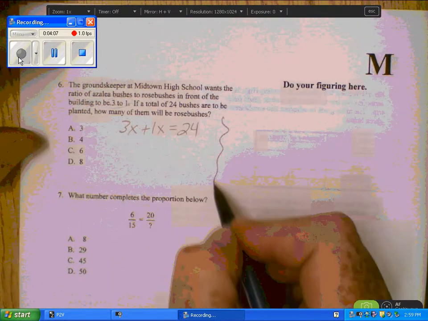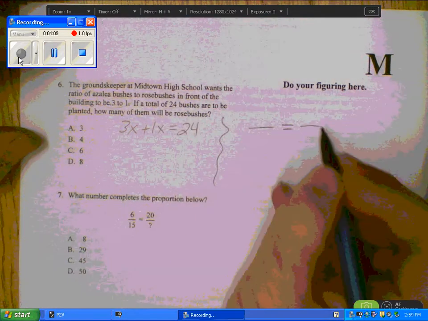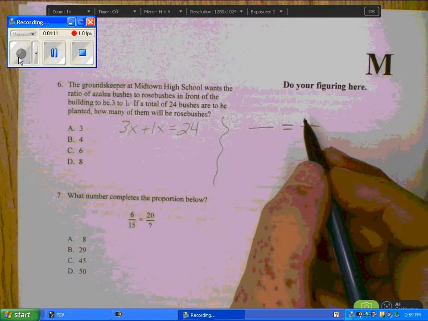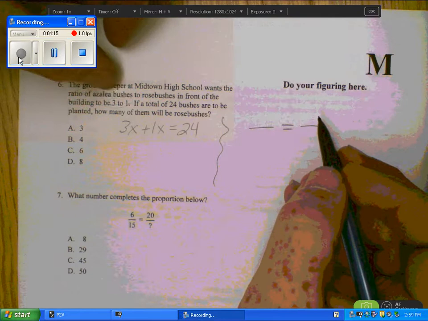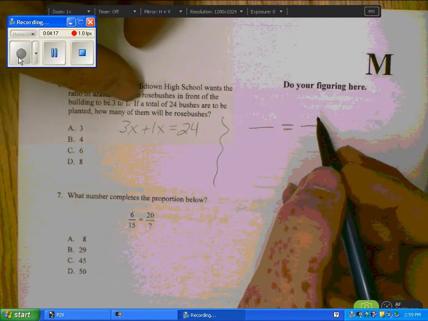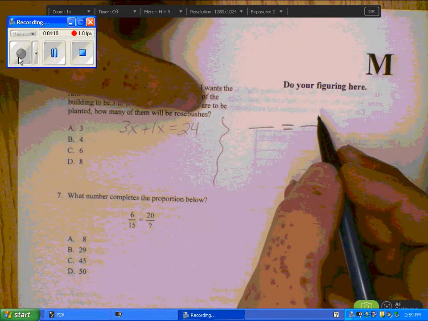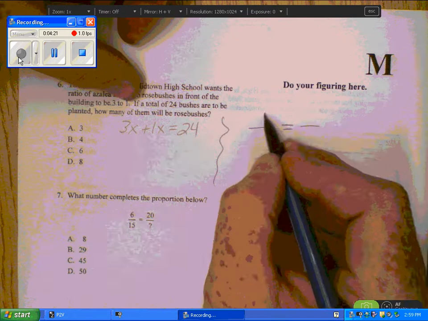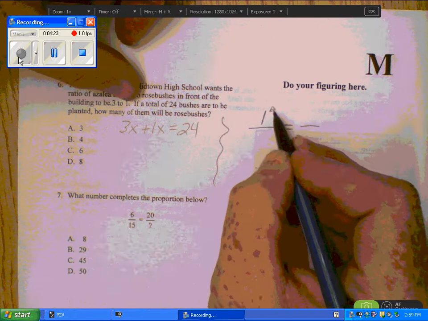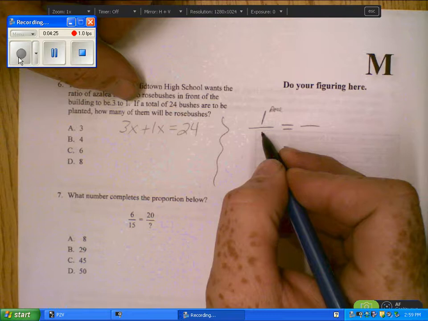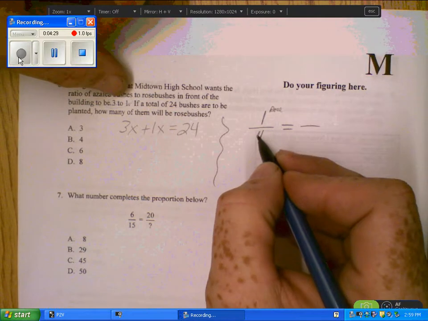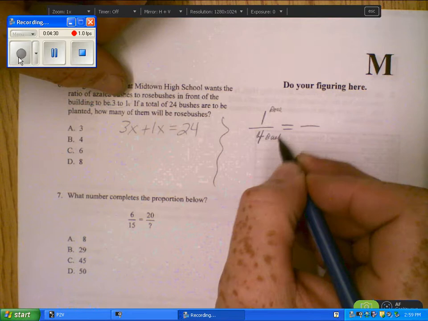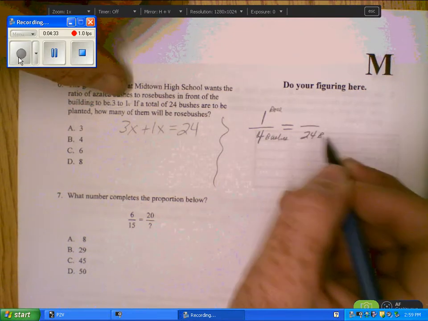The other way you could do it is set up a proportion. Now, if you're setting up a proportion, you have to be careful because it's not going to be 3:1. It's 3 azalea bushes compared to 1 rose bush, and you're trying to figure out the rose bushes. So you want that 1 rose bush on top, but you want the total on bottom. Well, there's a total of 4 bushes, 3 plus 1. So you want that on bottom because the 24 is the total bushes.